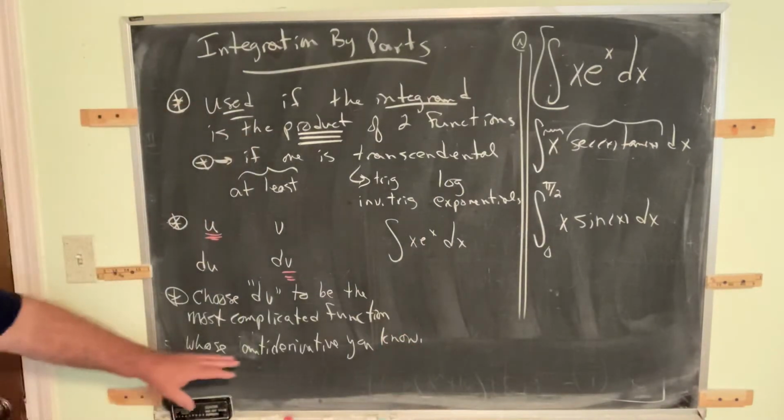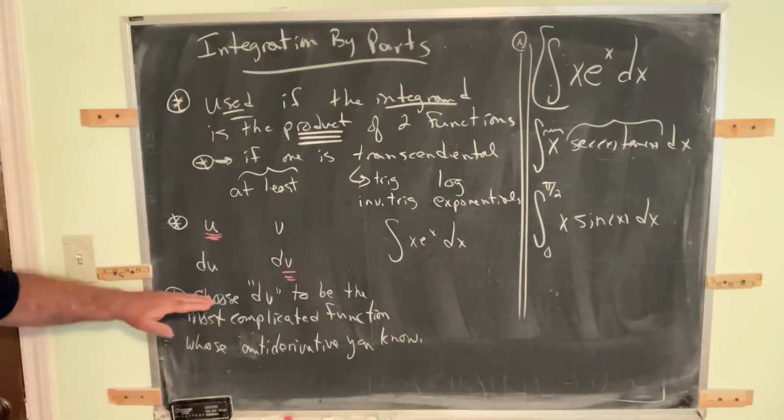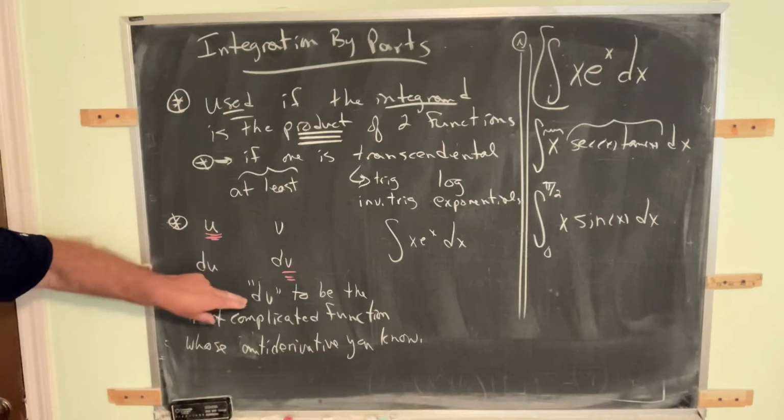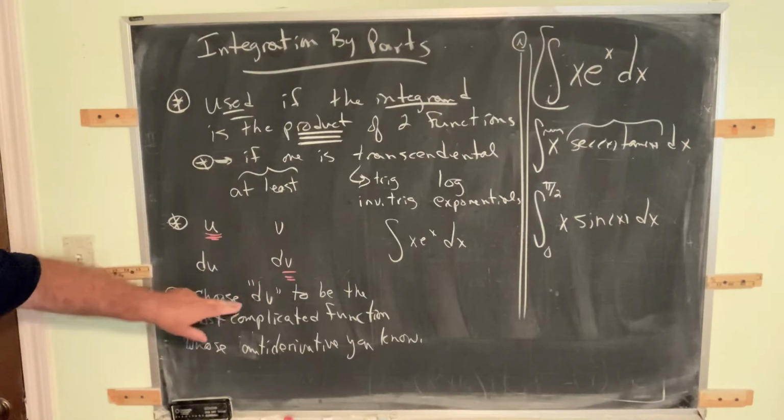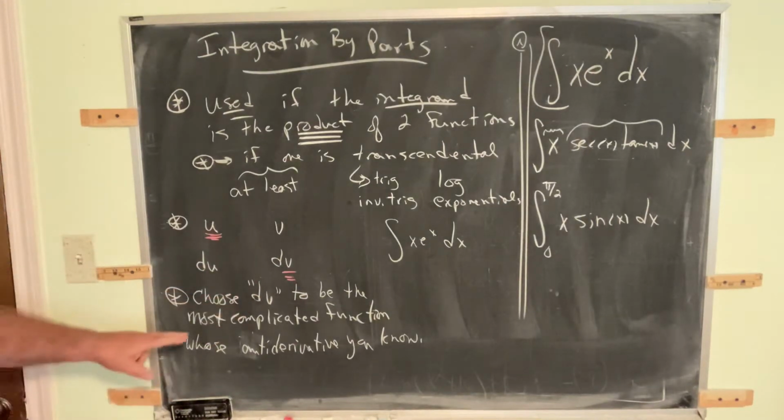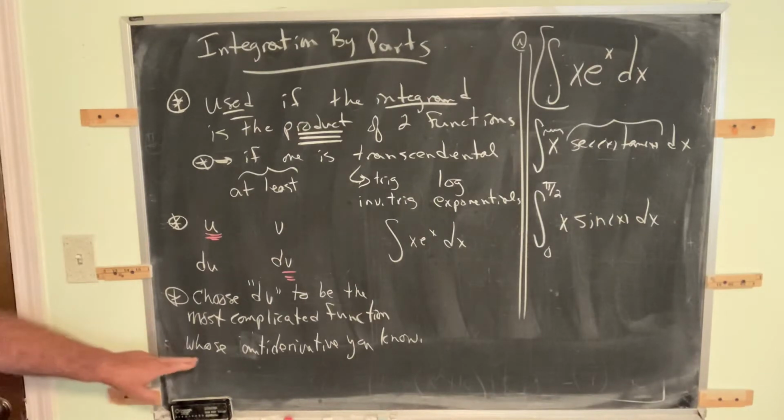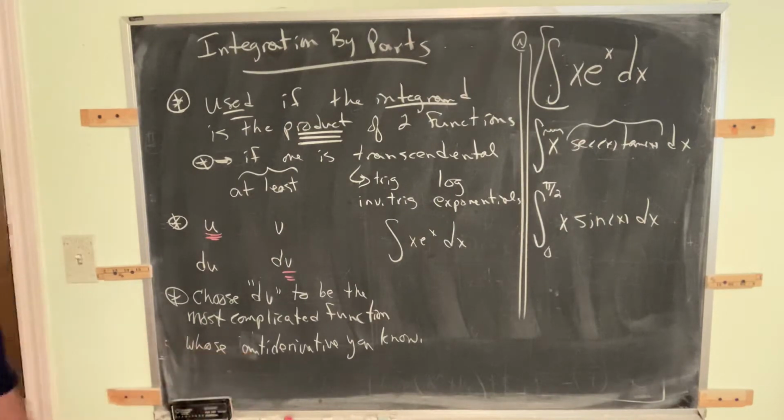Now pretend you can actually read my handwriting. You choose dv. This is the first selection you make. Choose dv to be the most complicated function whose antiderivative you know.